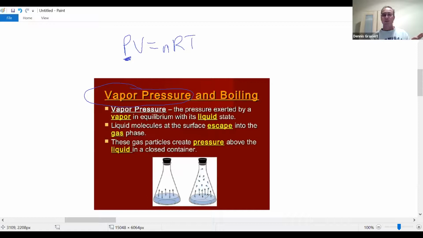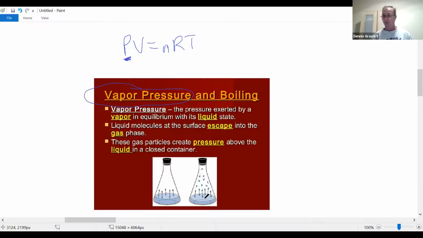Evaporation takes place very quickly at the beginning so that the vapor will fill up the container, but there's still air in there. At some point, there'll be enough of the liquid turning into gas, and these little gas molecules are bouncing around in the container, and sometimes they collide and go back into the liquid.